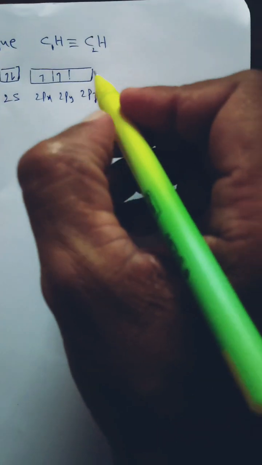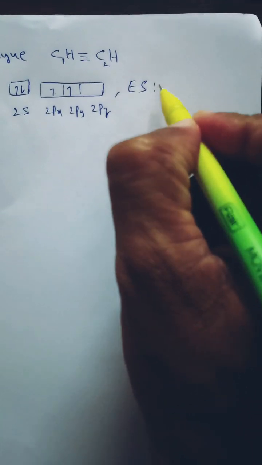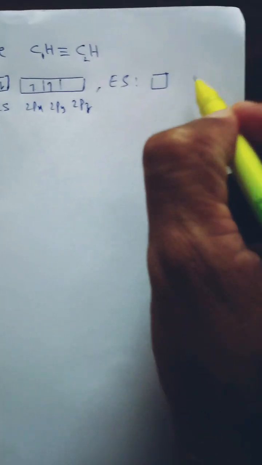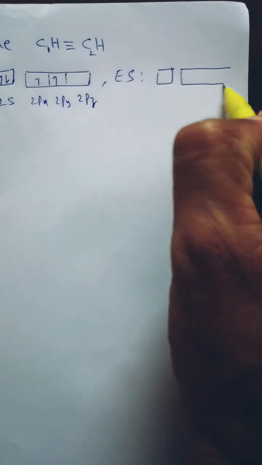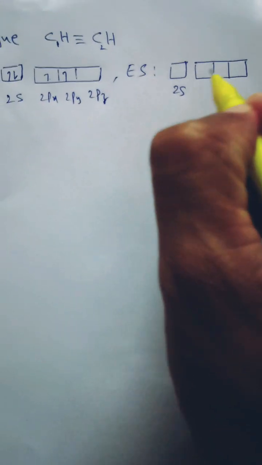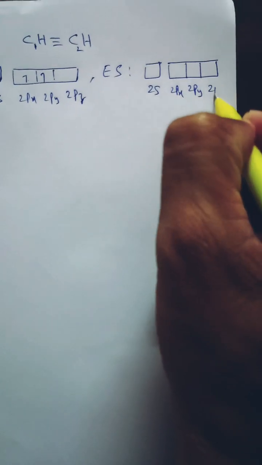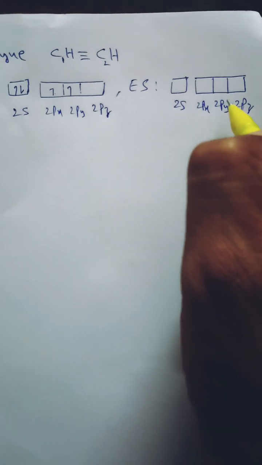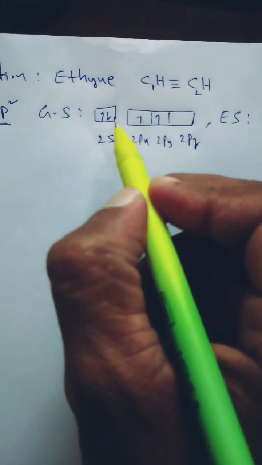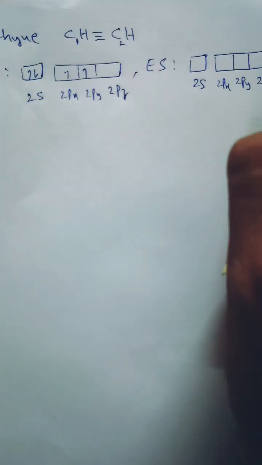But in the excited state, we have to write like this: 2s, 2px, 2py, 2pz, and one electron from the 2s will shift to the 2pz orbital.